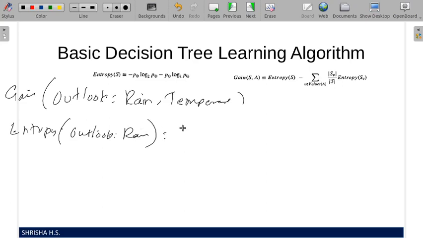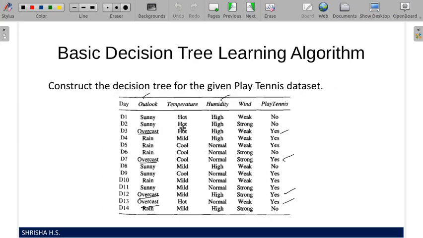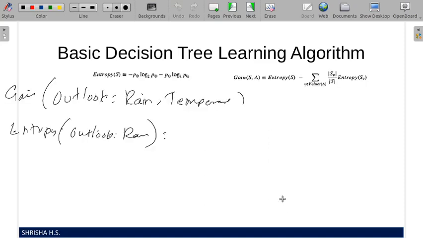How many instances are there? One, 2, 3, 4 and 5. How many positive are there? Positive 1, positive 2, positive 3. The others are negative. So 3 positive, 2 negative.